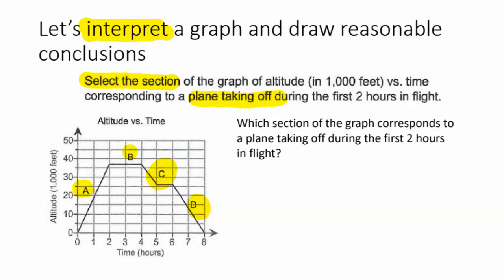And then he levels off. And as you go through the clouds, he might come down for a little bit to avoid some turbulence. He might then level off again. And then he's descending to the airport. He then goes back to the ground.